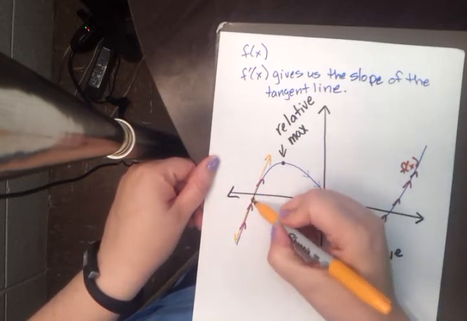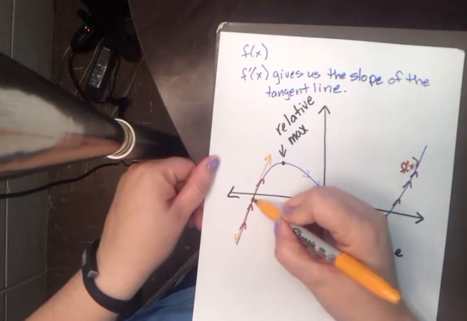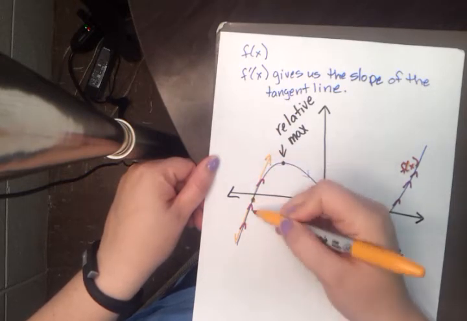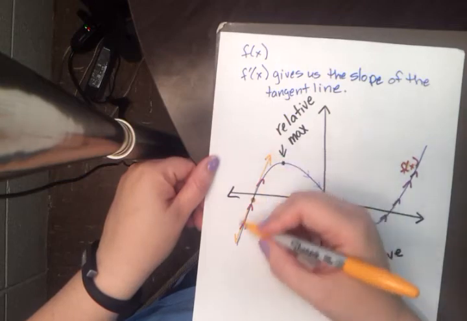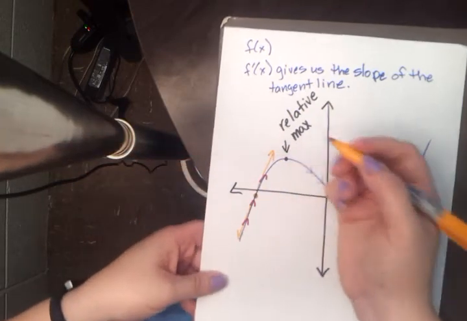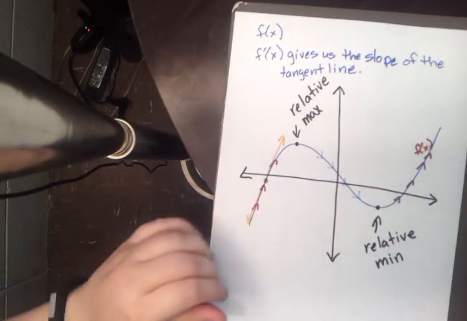So I don't have to see the picture. I just have to calculate a derivative at a specific point, and if it's a positive number, that tells me my slope is positive there. So the function is increasing. So we'll actually write that down.